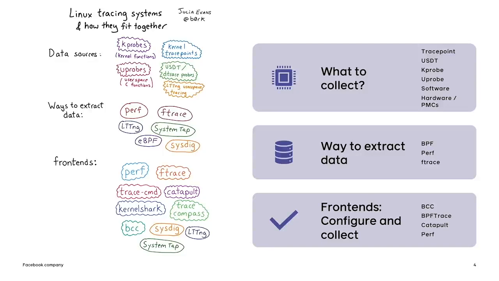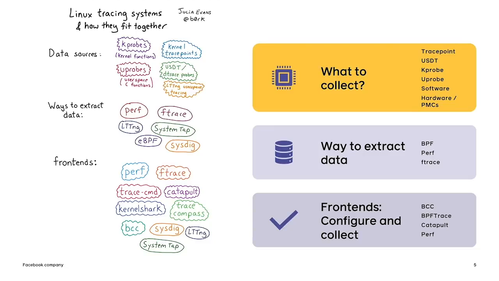The other layer is the way to extract this data, and this is where you have things like BPF, perf, ftrace, various tools. The last thing is front ends that actually interact with these tools. So for something like BPF, for example, you have things like BCC or BPFtrace or various tools that you can use to interact with BPF. So we'll talk briefly about each one of these parts.